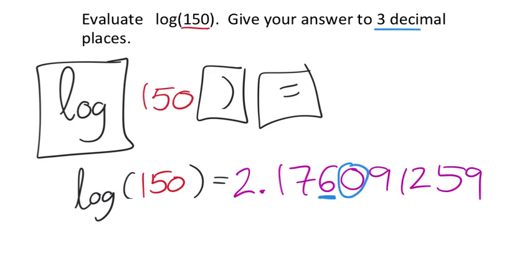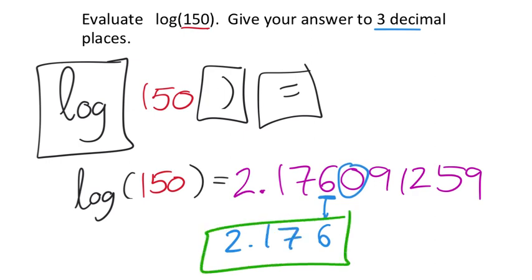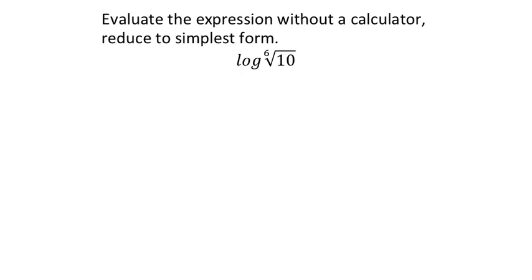The place value immediately to the right is 0, so the 6 just stays the same. And we end up with 2.176. That's our final answer. That means the common log of 150 is 2.176 approximately, because we ain't rounded. But this also means that if you did 10 to the power of this, you'd get around 150, because we approximated, right?